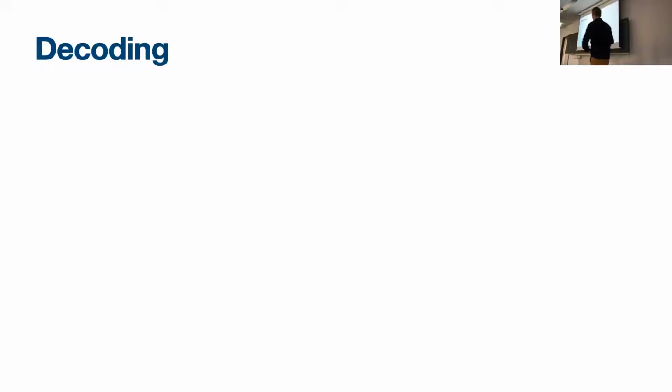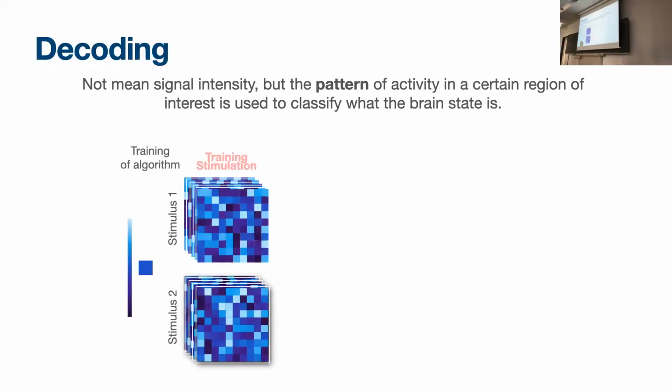Yay. So in this decoding thing that we discussed on Friday, the main idea is that we're not using the mean signal intensity in a blob of voxels, but that we're focusing on the pattern of the activity there. And this pattern is going to be the fodder for this machine learning stuff.